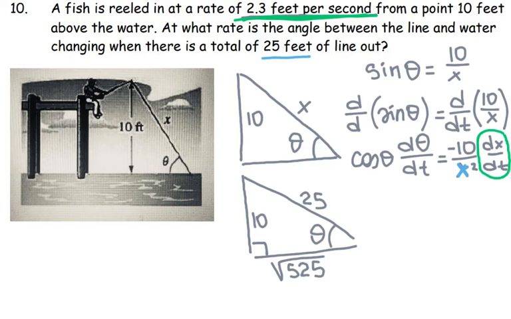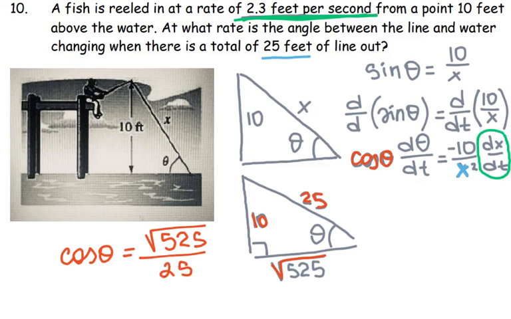For cosine of theta, at the moment when the values are given, 25 and 10, I know the square root is there. So the cosine of theta is going to be the square root of 525 over 25.